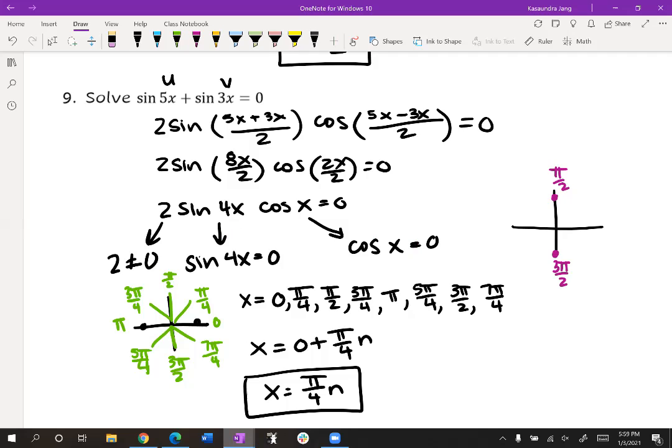This would just be pi halves, and 3 pi halves, I would add a pi over and over again. But I think those have already been added on my list, and as many times as I go around the unit circle, I'm still going to hit those points. So I think those are taken care of in my list of points that I already have. So my final answer is just x equals pi fourths times n. All right, there we go.